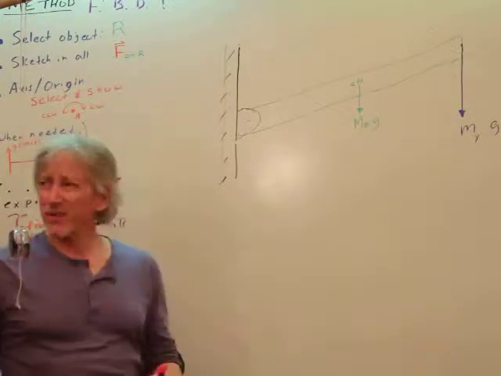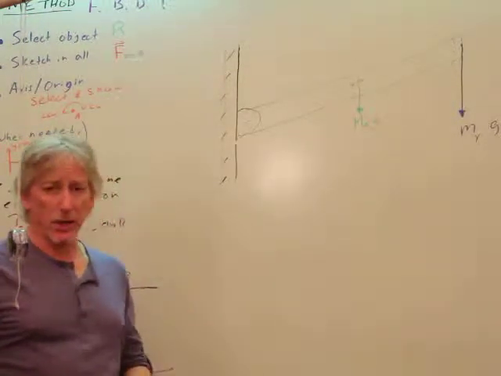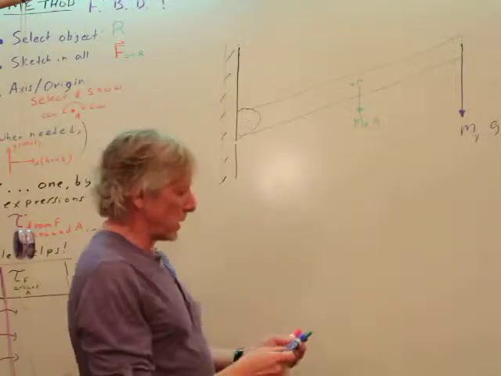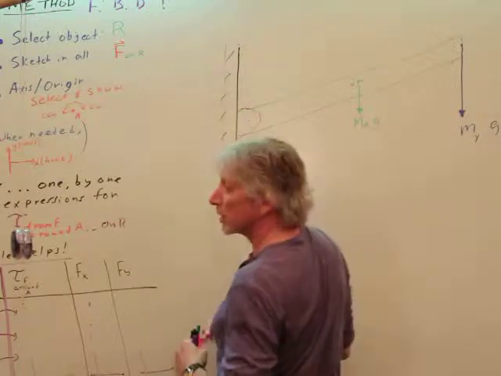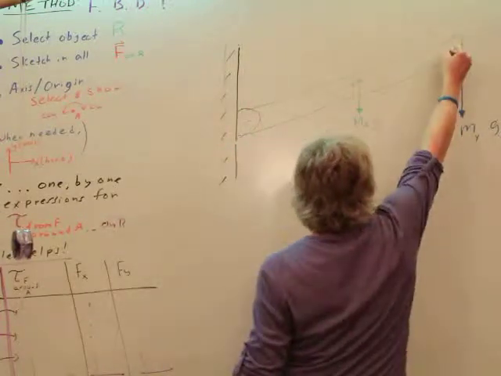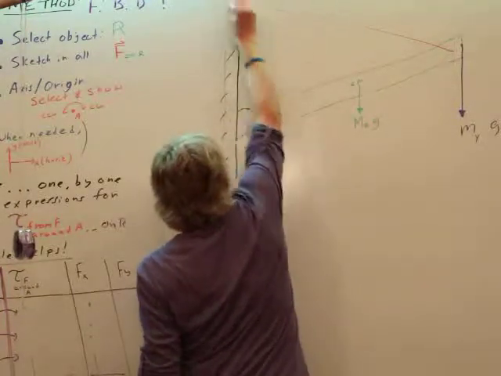And what else have I got? I've got a string. Now, if I wanted to be mean, and maybe I should be for this example, I can make that string not horizontal. It gets a little trickier. Let's just pull that string up over here. All right.